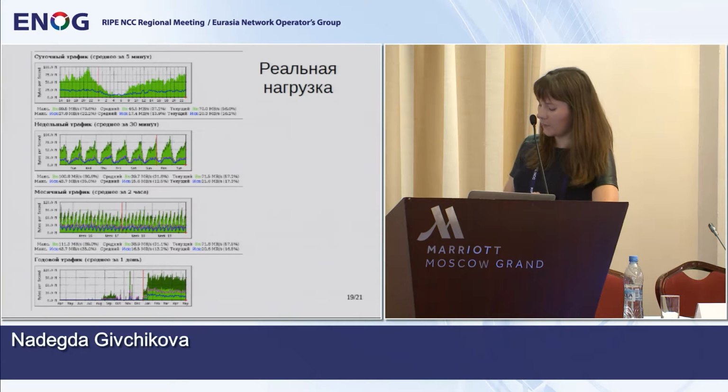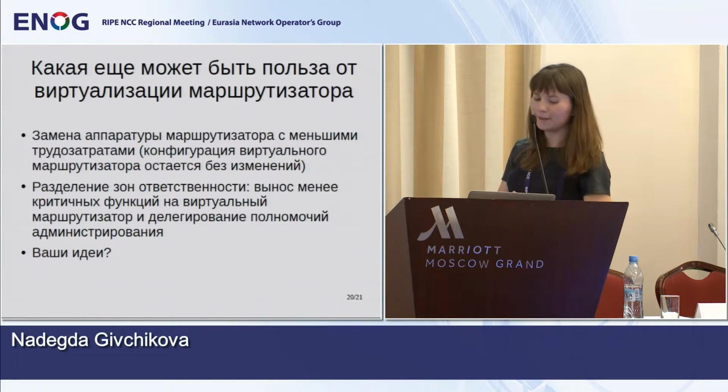The second one has just been installed. Real load, real life loading. This is real traffic, production traffic. Before we generated traffic with various packet sizes, this is real production traffic.